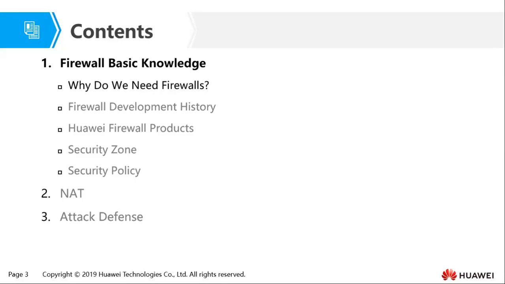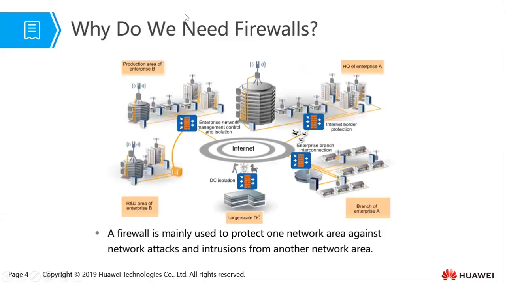firewall basic knowledge. So why do we need firewalls? Now, generally, enterprises need firewalls to isolate their intranet from the extranet, the internal network from the public network. So most of the time, actually, firewalls are deployed at the border of your internal network.